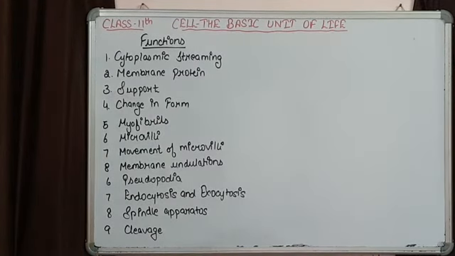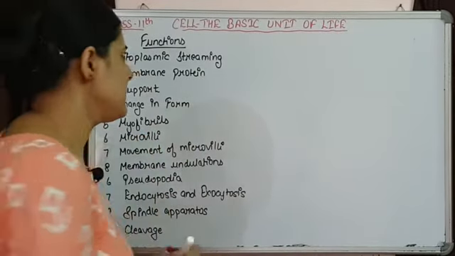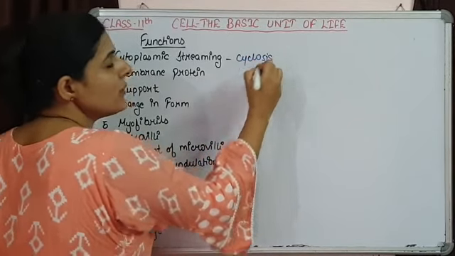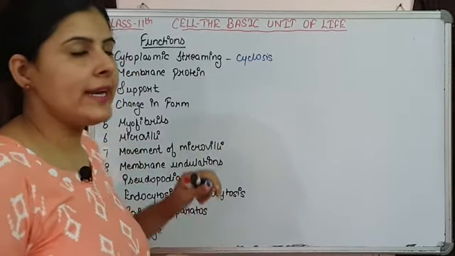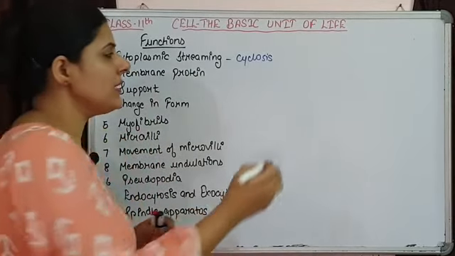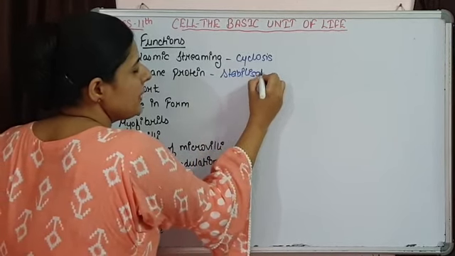So these are some of the functions of microfilaments. Cytoplasmic streaming, also known as cyclosis: there is movement of cytoplasm, and that is because of these microfilaments. Second is membrane proteins: they help in the stabilization of membrane proteins.